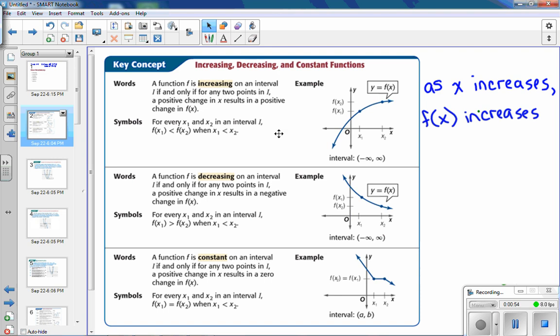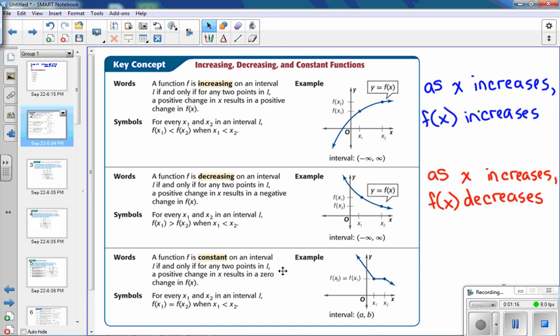For a decreasing function, for this next one, you can see that as the function moves from left to right, the function height is actually falling. So we can say that as x increases, f of x decreases in value. And you can see that you have kind of a falling function when the function is decreasing.